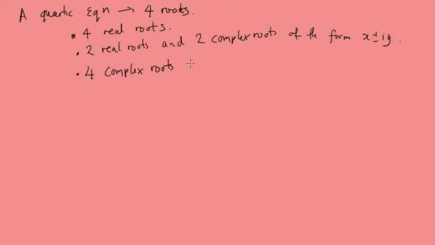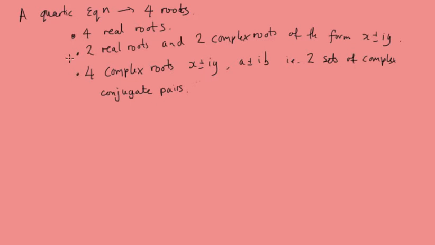So you would have x plus or minus iy and say a plus or minus ib. So that you'd have, i.e., 2 sets of complex conjugate pairs.